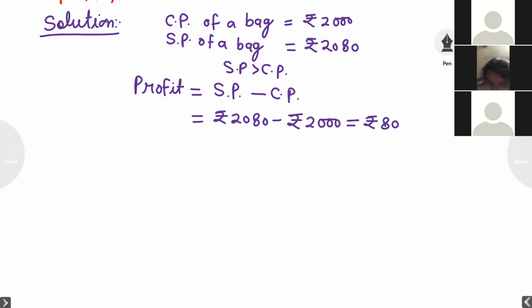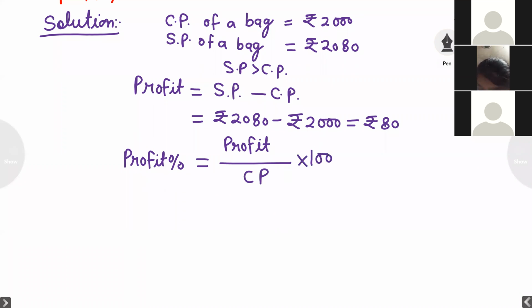After that, I want to find out profit percentage. Profit percentage is equal to profit into 100 divided by CP.